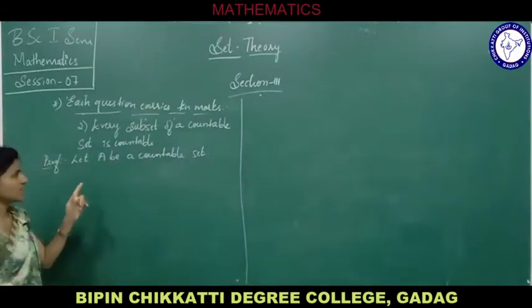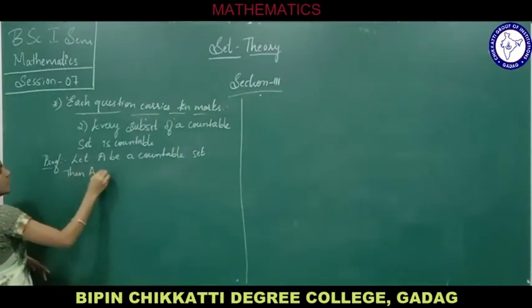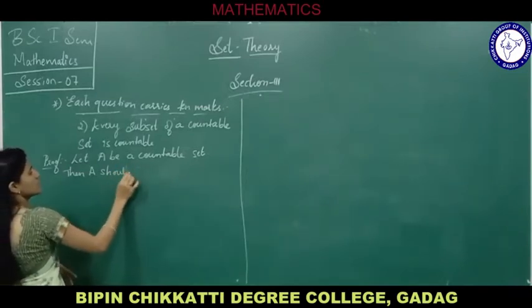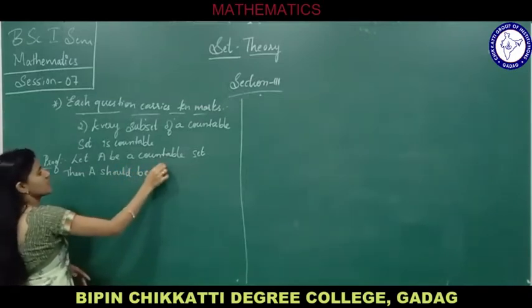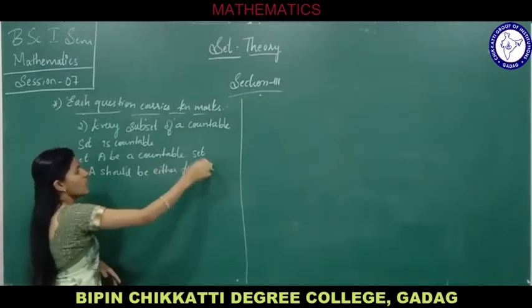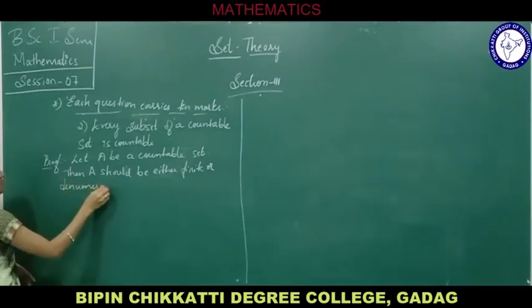Since we have said A is a countable set, A should be either finite or denumerable.